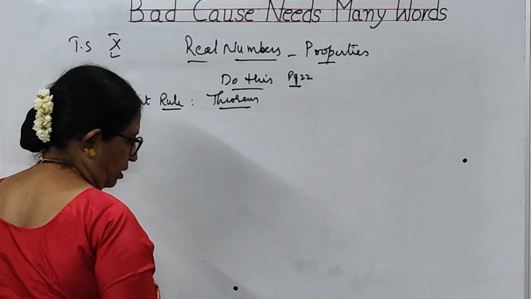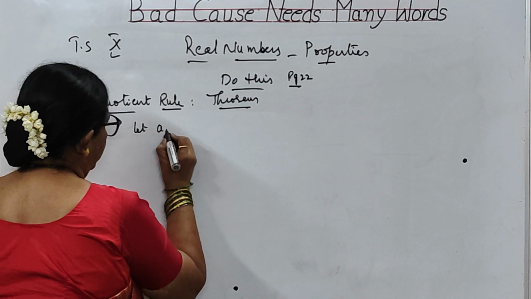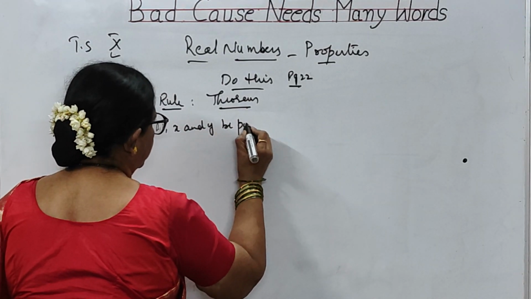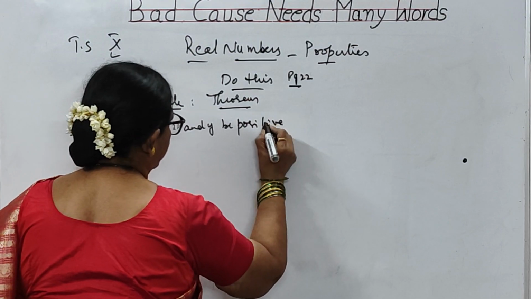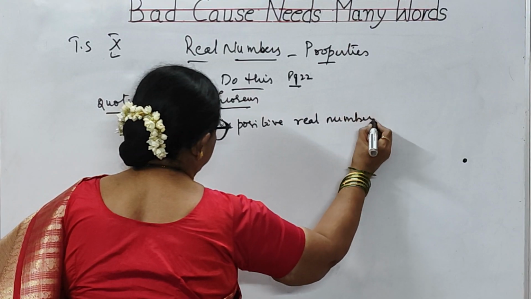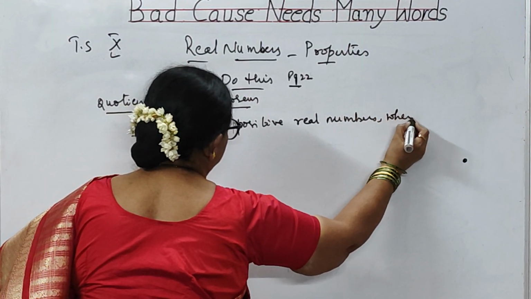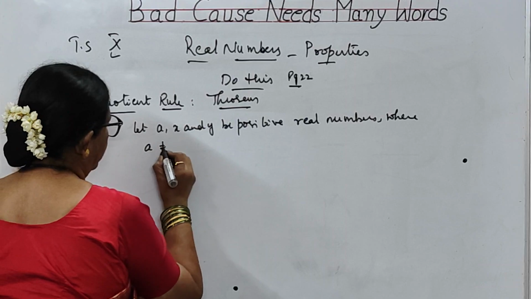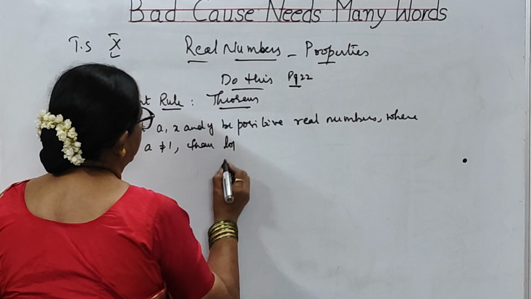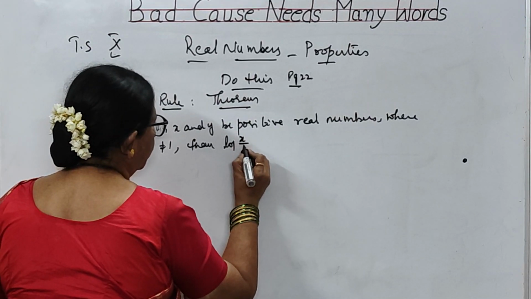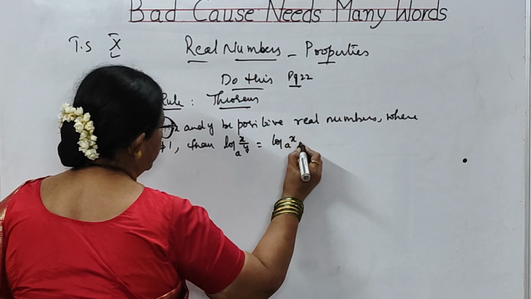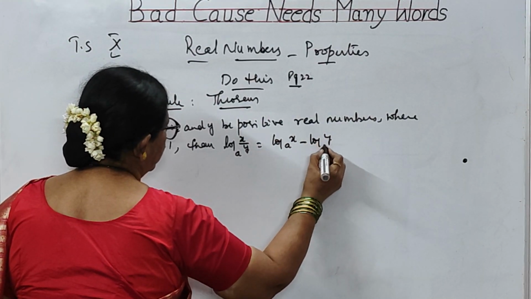Again here, let a, x and y be positive real numbers where a is not equal to 1, then log x by y to the base a is equal to log x to the base a minus log y to the base a.